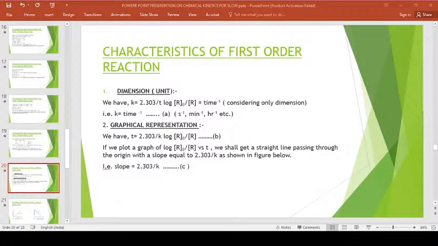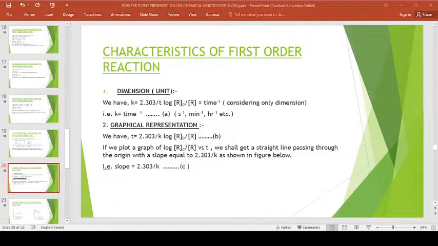Then calculate the time required for 30% completion of this reaction. For this, the value of log 10 is given as 1, and the value of log 7 is given as 0.8450. So how to solve this question?